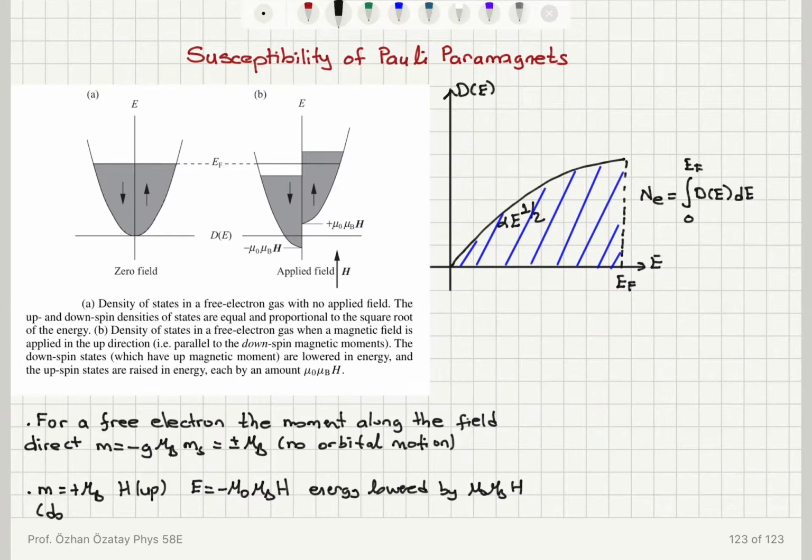That means we are talking about a down spin, so that the moment is up. Now, when the magnetic moment is minus a Bohr magneton, that means we're talking about an up spin. The energy is plus mu 0 mu B H, so the energy will be raised by mu 0 mu B H.